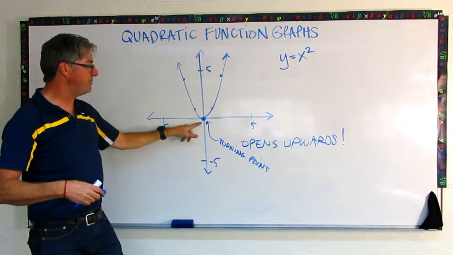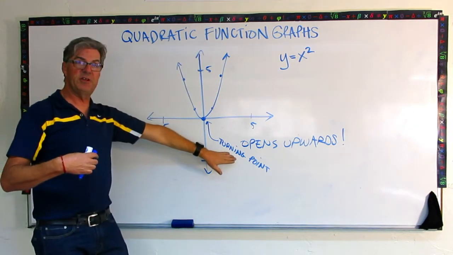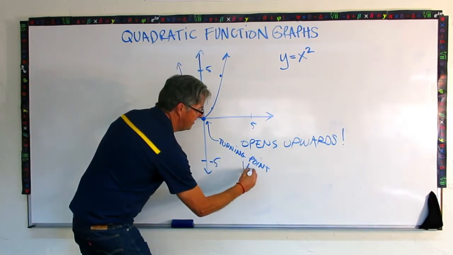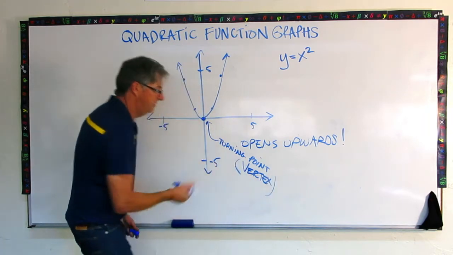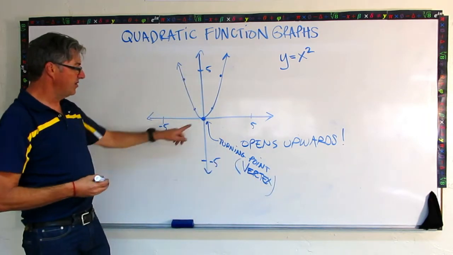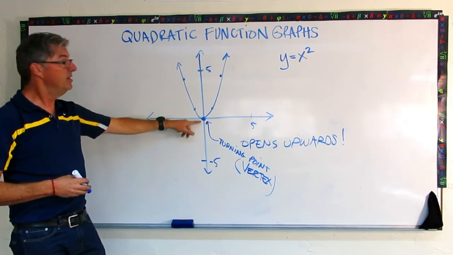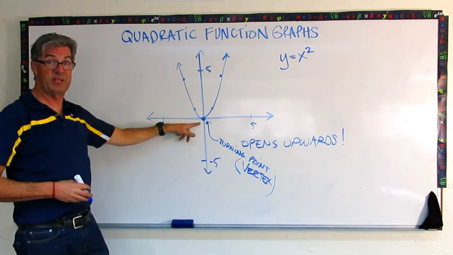So this is a very special point in this function. And so not only do we call it a turning point, what we really like to call it is the vertex. Okay? So in this case, the vertex is at the center of the coordinate plane at the point 0, 0. Okay? So that can move around. Different parabolas will have turning points at different places.